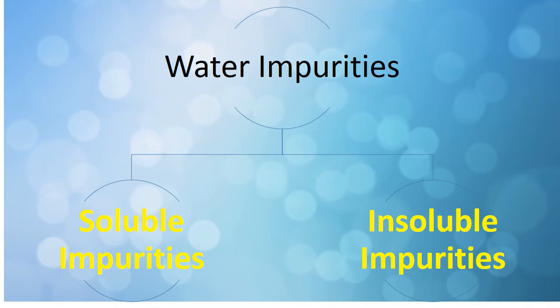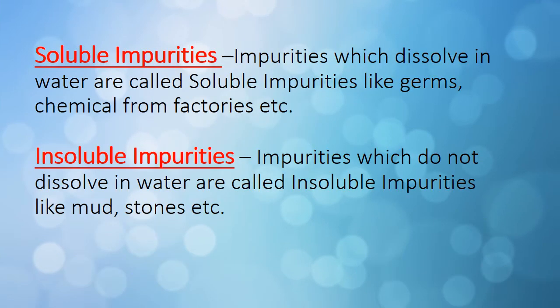Water impurities are divided into two parts. First is soluble impurities, and the second one is insoluble impurities. Soluble impurities are those impurities which dissolve in water, like germs and chemicals from factories.